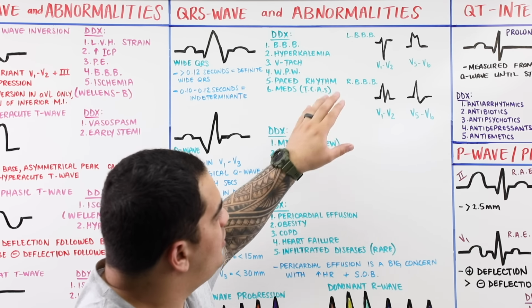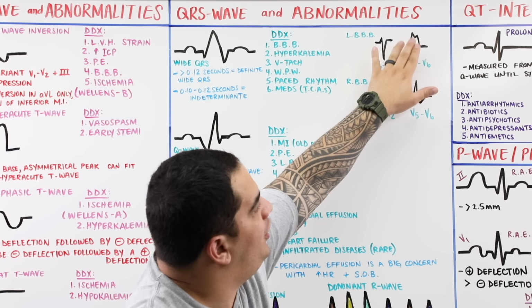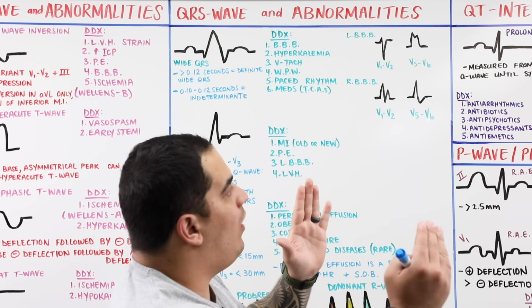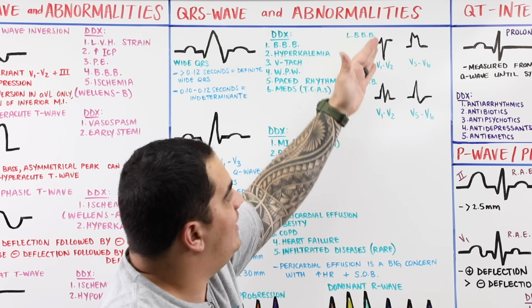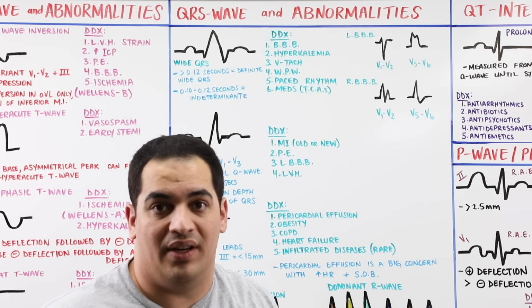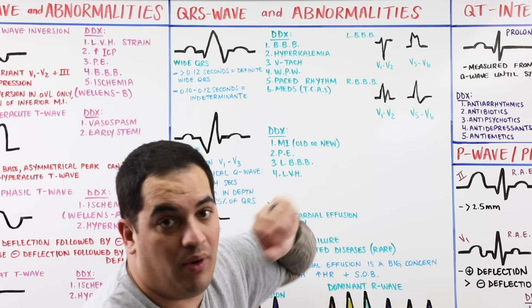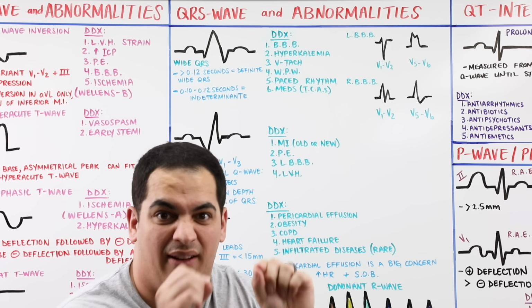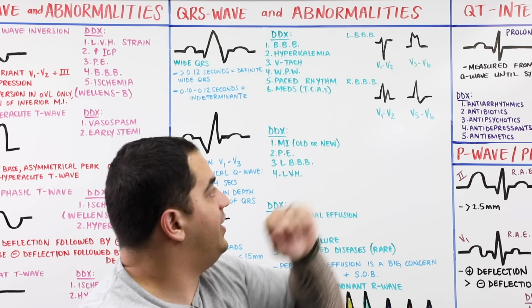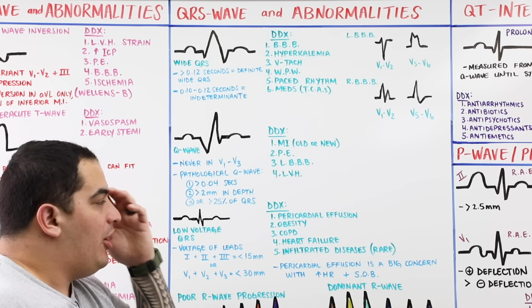Okay? So that's a big thing to remember. For left bundle, you see this M-shaped, very wide QRS in V5, V6, and a deep S wave in V1 to V2. Sometimes you even get a little bifid formation in V1 to V2 in that S wave, just like you see here in V5, V6. All right, that's our bundle branch blocks.